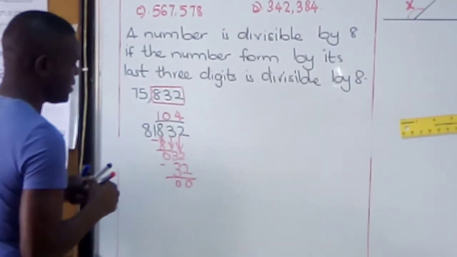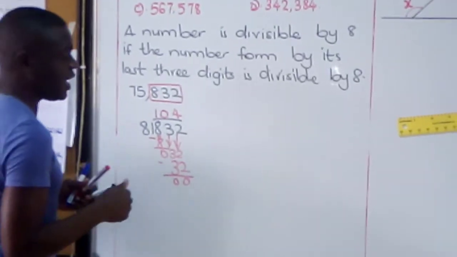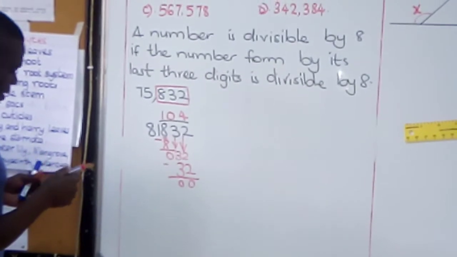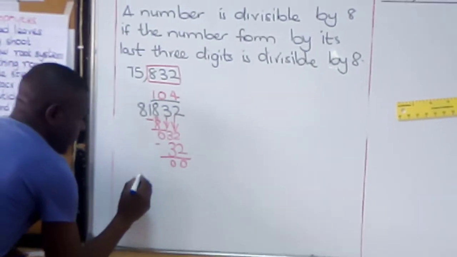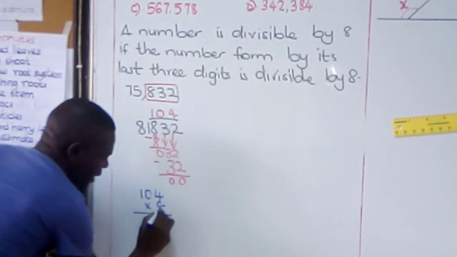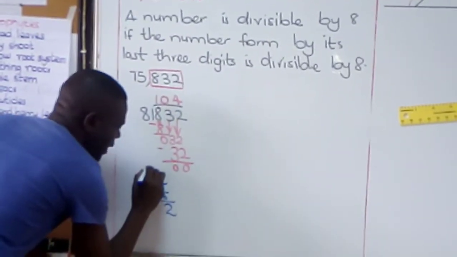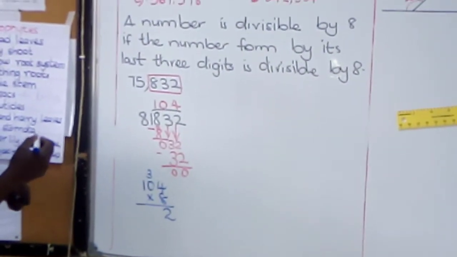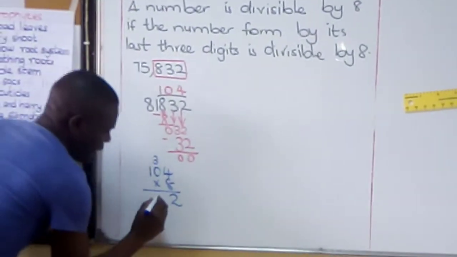That means 104 multiplied by 8 is equal to 832. You want to prove that? You see, 104 multiplied by 8, 8 times 4 is 32, so you write 2, we carry 3. 8 times 0 is 0, plus 3 is 3.